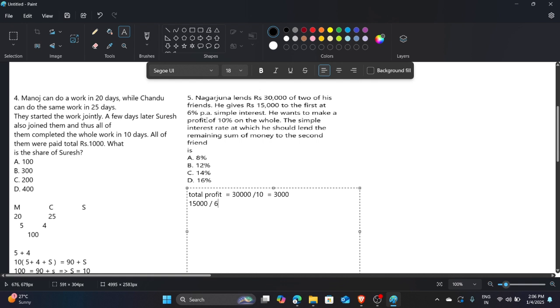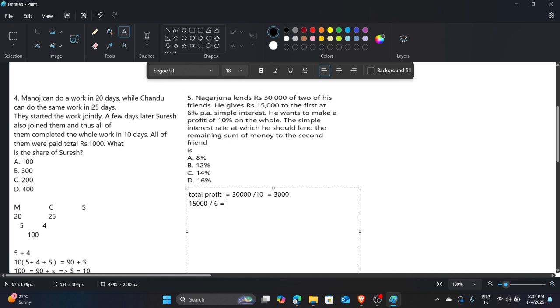Now he wants to make the profit on the remaining money. So what can be the 6% of 15,000?